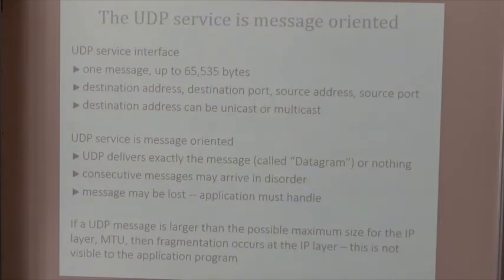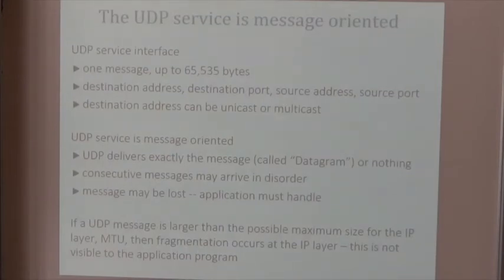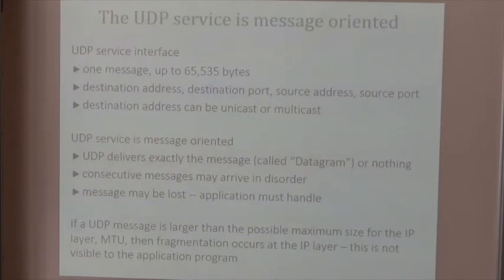You write into UDP one message, and UDP will either lose the message because the packet is lost, or will deliver it. But it will not do things like serving half of a message, or the middle of the message, or only the end of the message, because it broke it into several parts.